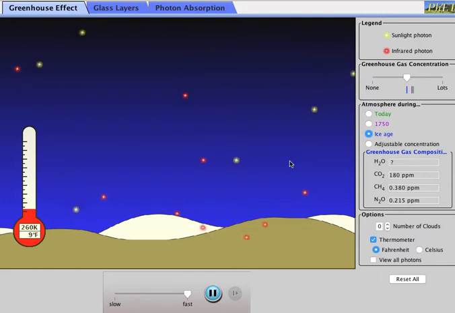Okay, during the Ice Age, I see that water is an unknown concentration, carbon dioxide 180 parts per million, methane 0.38 parts per million, nitrous oxide or N2O is 0.215 parts per million.